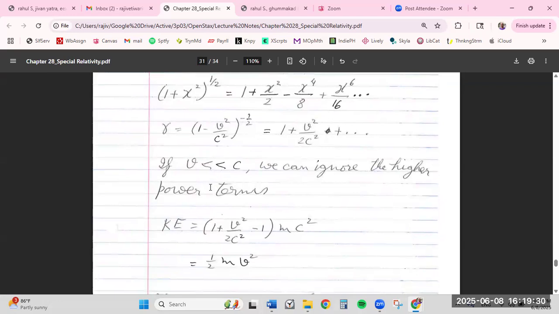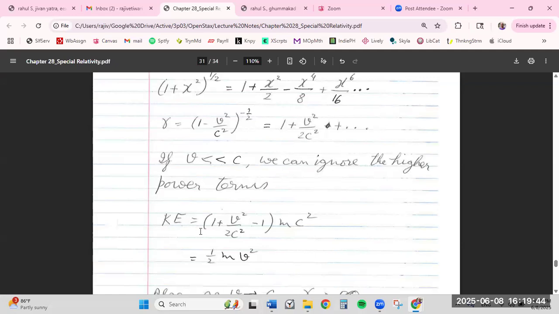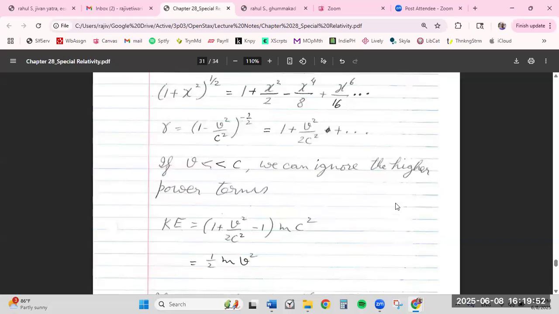If v is much less than c, then v to the 4th is going to be much, much, much less than c to the 4th. So we can ignore all of the later terms here, which means kinetic energy is 1 plus v squared over 2c squared minus 1 times mc squared.